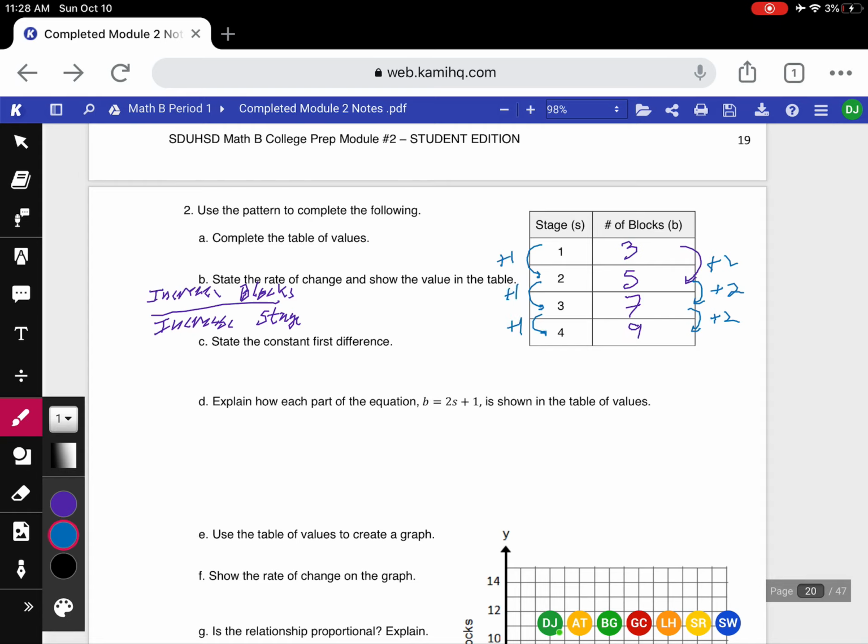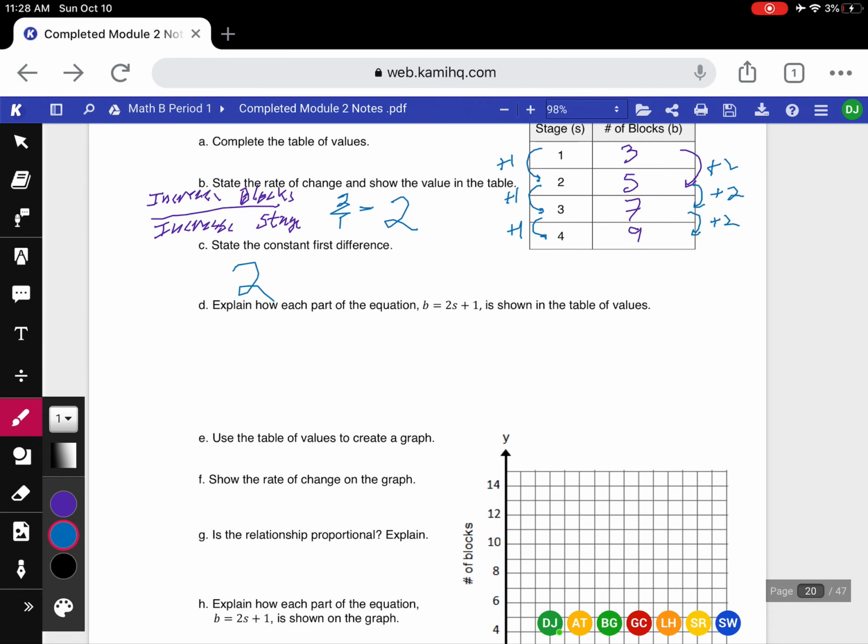So now what we need to do is only look at the blue. The rate of change is 2 over 1, and that just simplifies to 2. It also asks you to state your constant first difference. Your constant first difference will always equal your rate of change, so it is also 2.